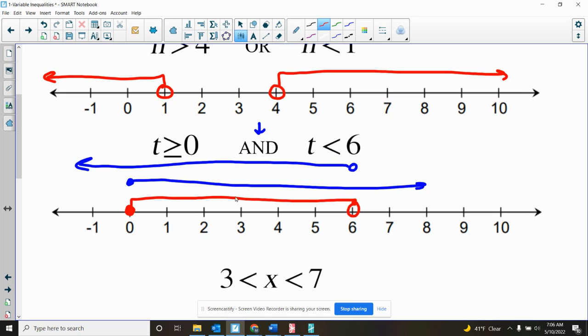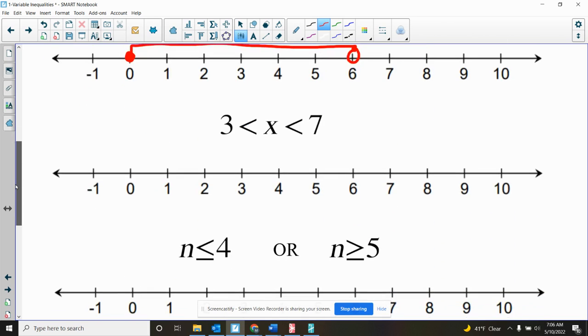Now, it's important to know the solution graph is only the red stuff. The blue is what we used to get the red stuff. So the numbers that make both of these true are just this overlapping section. So all the numbers from 0 to 6, including 0, but not including 6.